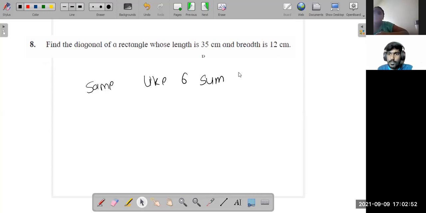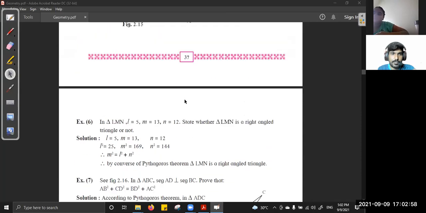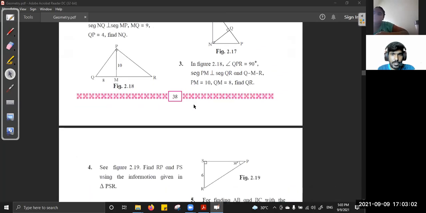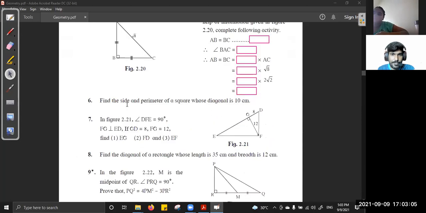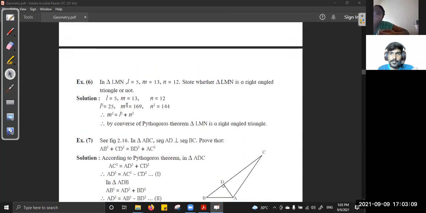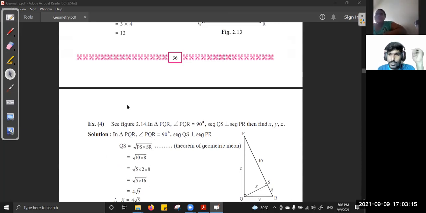So how many sums did we do today? 1, 2, 3, 4, 5, 6. I also have school homework today. I know, I want it today itself.